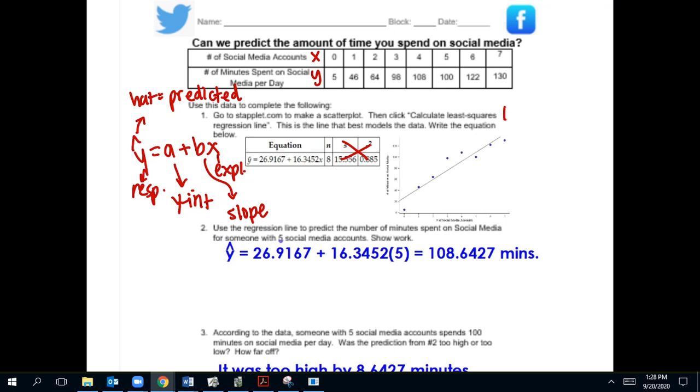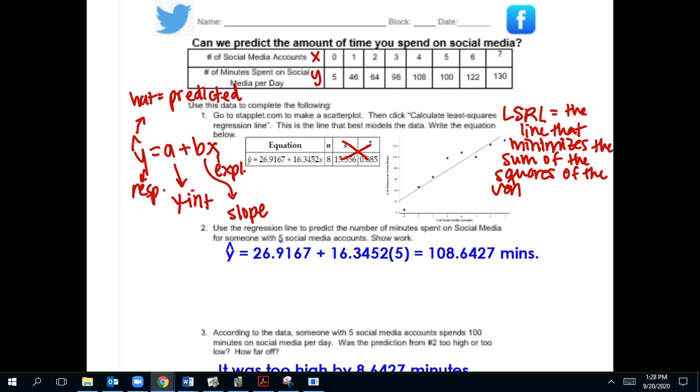We'll learn those later. So here is the least squares regression line. We simplify this by saying LSRL, and this is the line that minimizes the sum of the squares of the vertical distances of the values of the line.